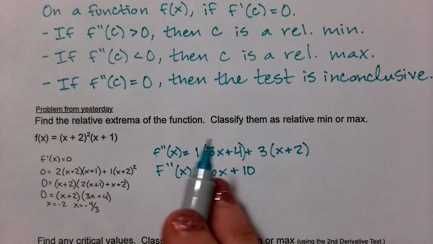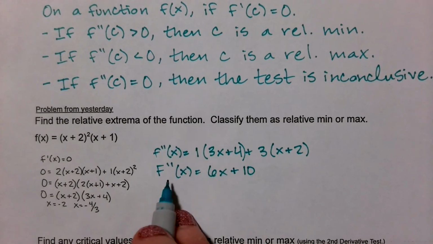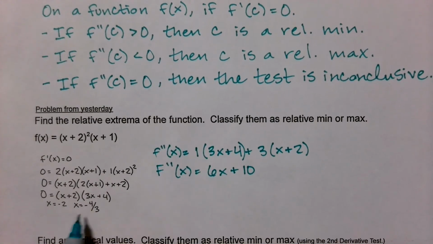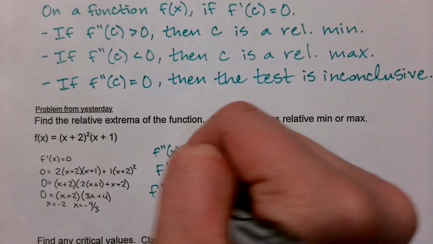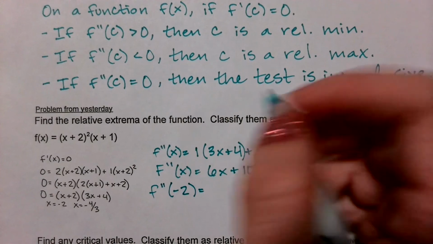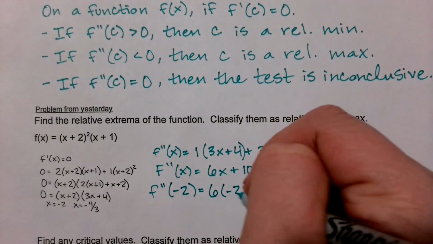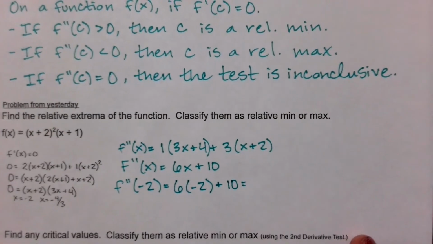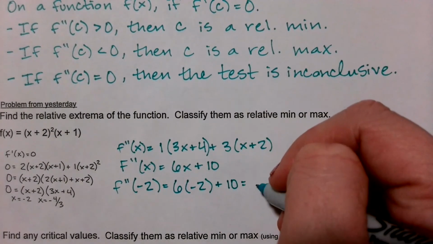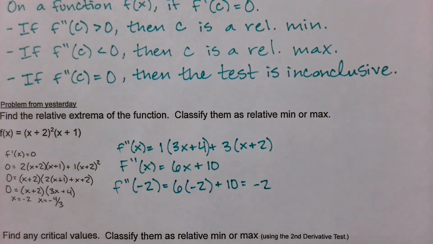So now to use our second derivative test, we're taking that f double prime and saying, okay, I know that these are critical values. So if I'm testing f double prime of -2, and it really doesn't matter what this value is, it just matters whether it's positive or negative, whenever I plug in -2, I get out a -2.